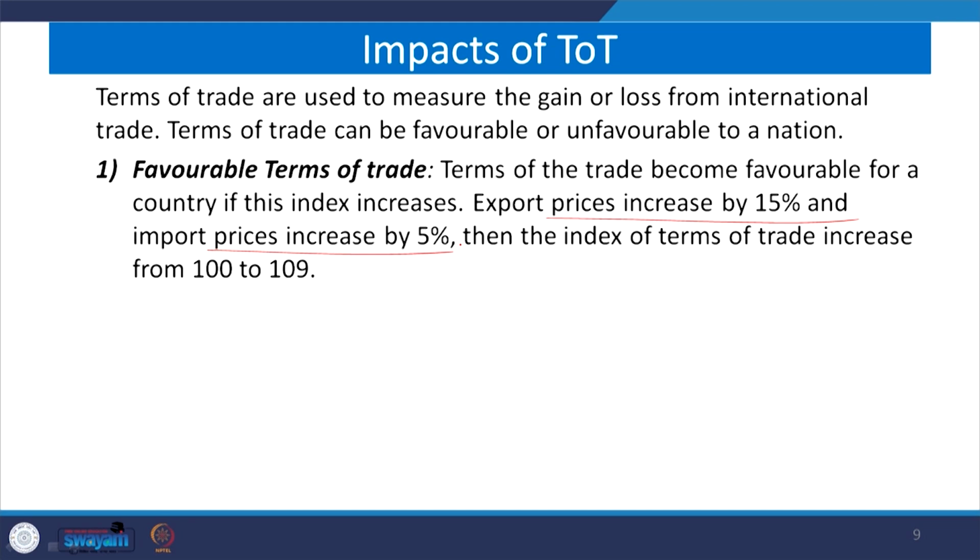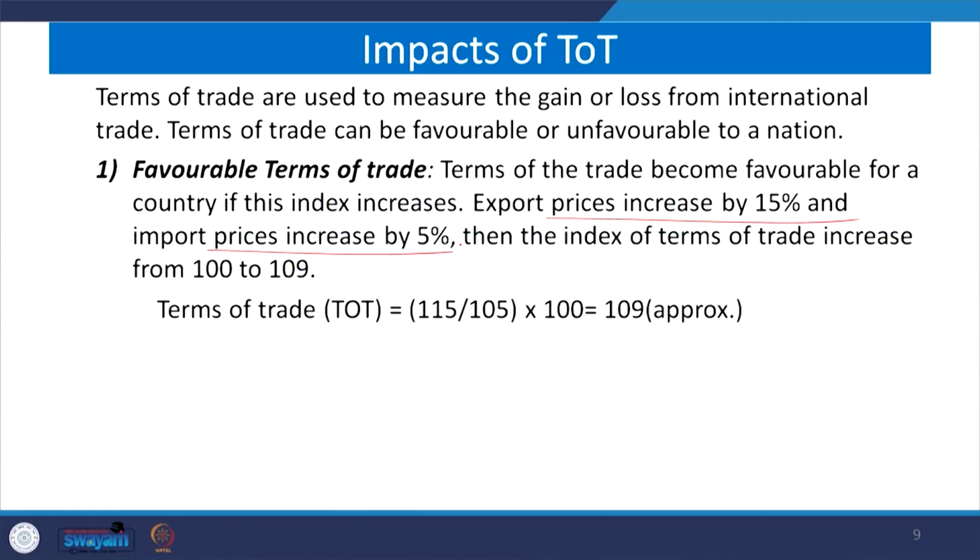So, in a net sense it is favorable terms of trade, TOT, to the country. It is not just calculated by 15% and 5%, rather we have to calculate the net change. Then the index of terms of trade increases from 100 to 109. So, what is the index then? Index is actually export price divided by import price into 100.